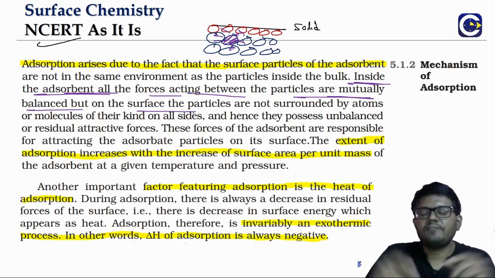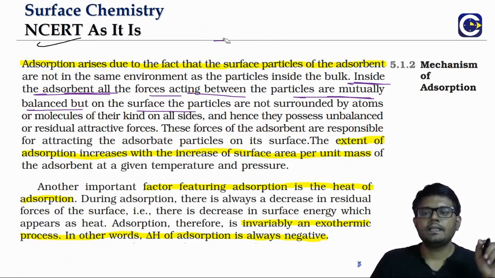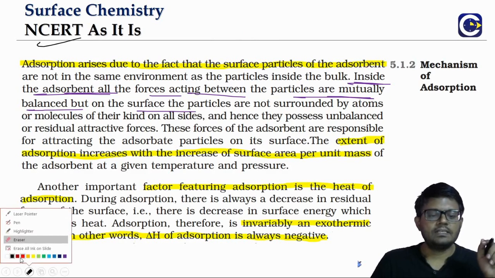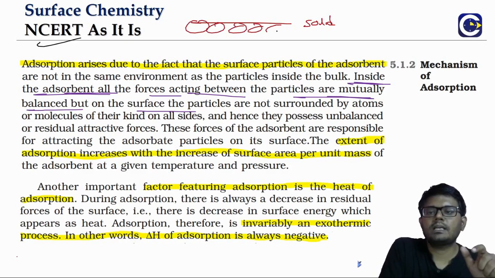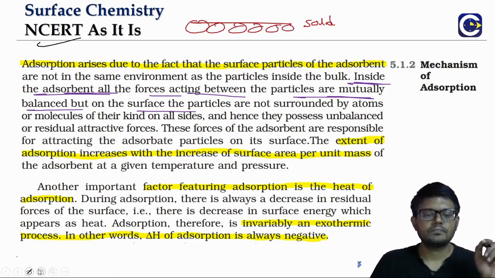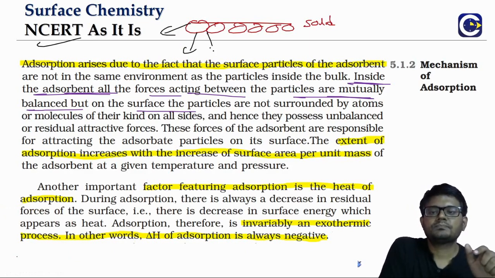Whereas when it comes to the surface, look at the particles on the surface. If you look at the particles on the surface, they will experience unbalanced forces. So we have a solid. Let us look at the particles on the surface. They will experience forces only in one direction.